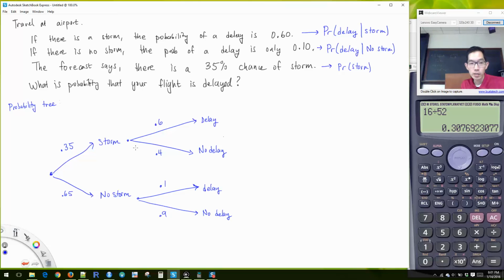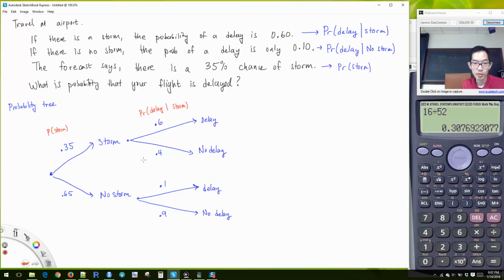All right, so 0.35 I'm going to label. This is the probability of a storm. And over here, 0.6 is the probability of delay given storm.